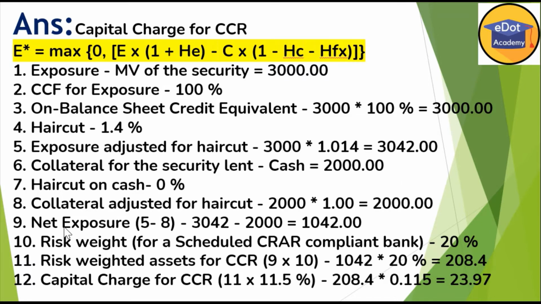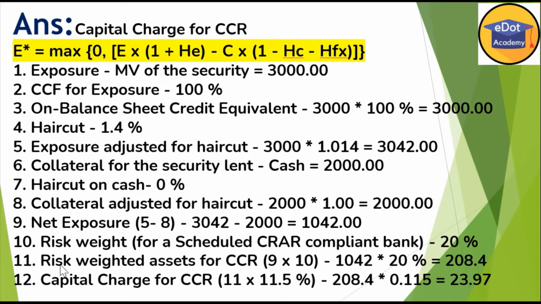So what is net exposure? That means from this value E into 1 plus HE, we subtract C into whatever value we got here. So 3042 minus 2000, we are getting 1042. So this is the net exposure bank is having. Now, risk weight for this type of activity, this schedule CRAR compliant bank is always 20%.